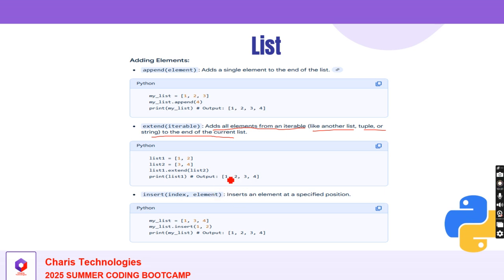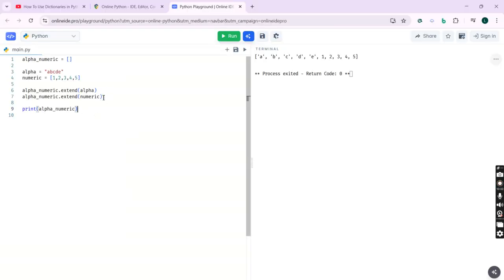Also, at this point you can use the plus operator, the addition operator, to add two lists.